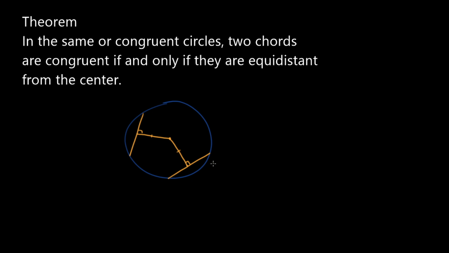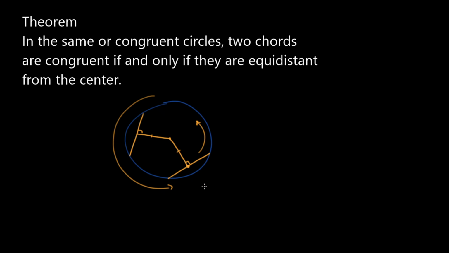If I have two chords that are congruent to each other, they have to be the same distance away from the center of my circle, which is fairly intuitive, because no matter how I rotate them around the circle, really I could just rotate the circle around and get the chord in the same spot as the other one, so the distances have to be the same as well.